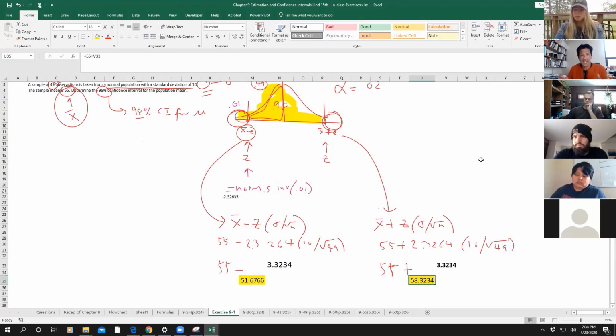Here's how we interpret these two numbers.